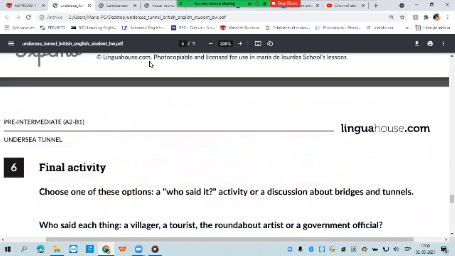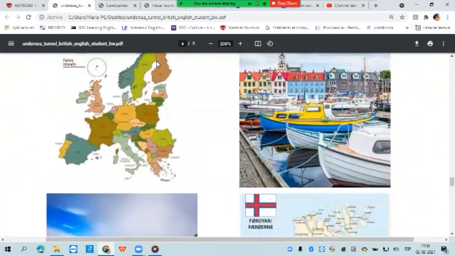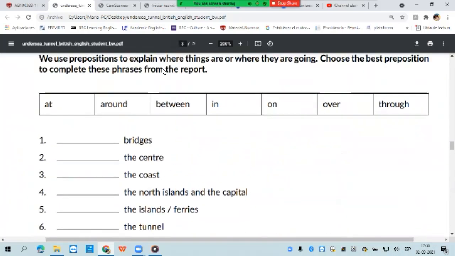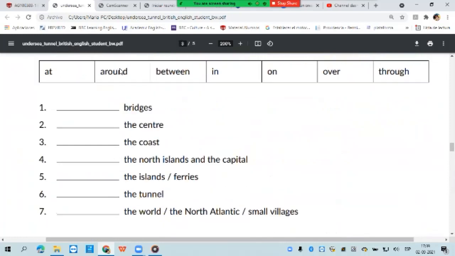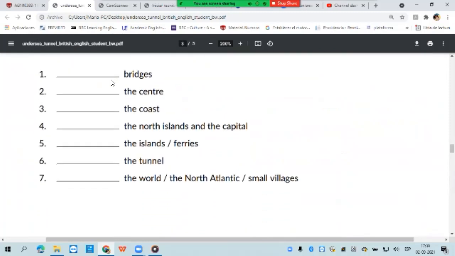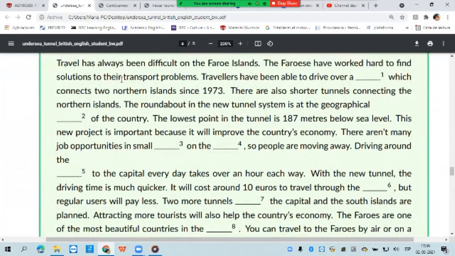Well, I will ask you to do two pieces of homework for next class. That is the short one. Look at this place, it is nice. Also related to prepositions, we use prepositions to explain where things are or where they are going. Choose the best preposition to complete these phrases from the report, okay? They are not exactly the same as in the other exercise, but almost all of them were in it. And the second is a text about traveling.